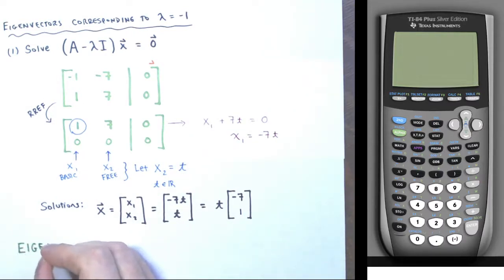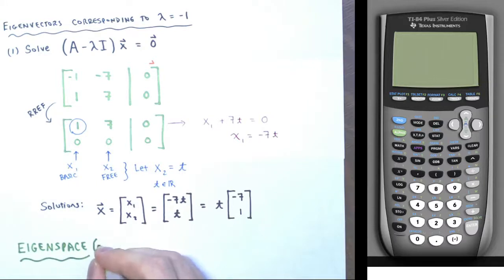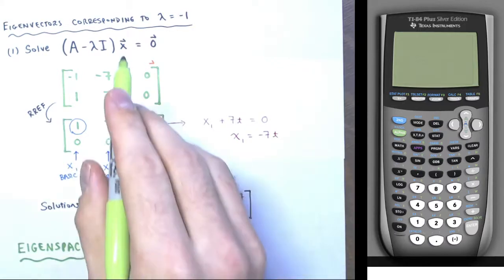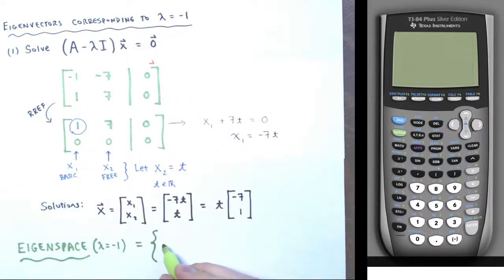The eigenspace of negative 1, of lambda equals negative 1, this particular eigenvalue, is the set of all vectors that look like this. Again, every solution to this equation, even the zero solution.